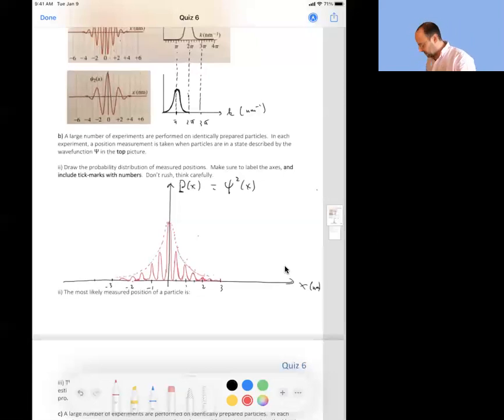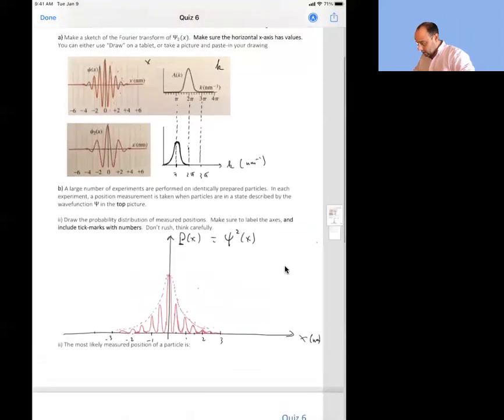So what does it mean? Again, physically, what does it mean? It means when you prepare a bajillion particles, each in the wave function described by this psi, and then you start measuring their positions, you're going to get a distribution that looks like this. You will get accumulation of particles here, here, and here.